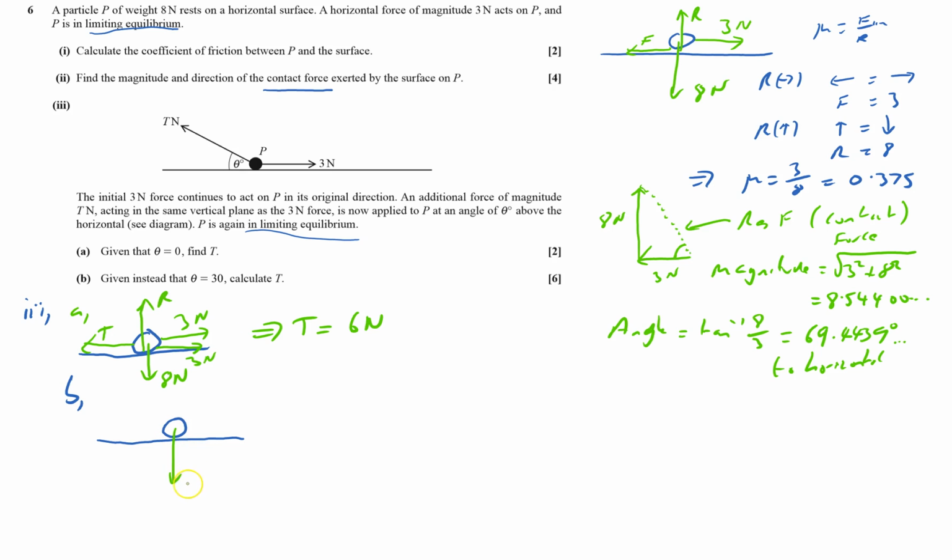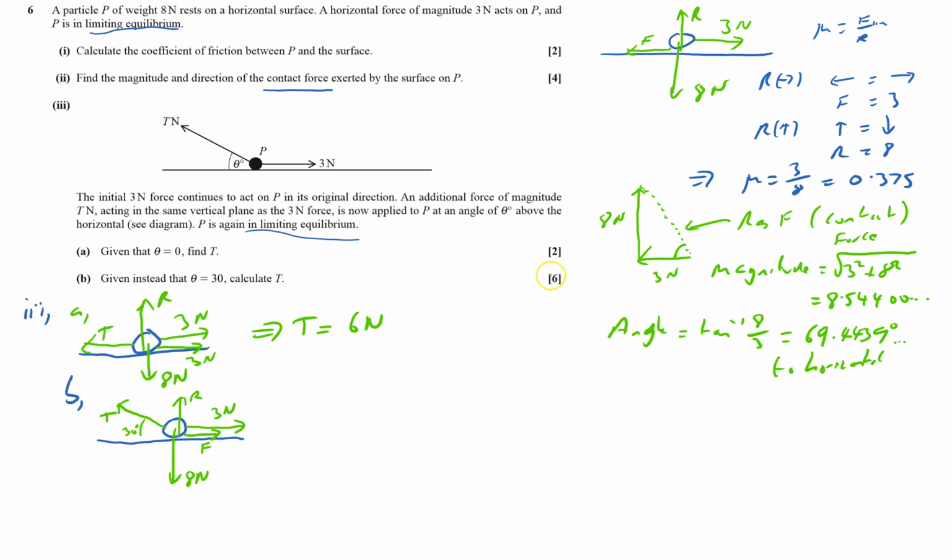Always do the weight first, that's 8 newtons, then I always do the normal contact force, that's R. I've still got the 3 newtons to the right, I've got my T, which is coming up here at 30 degrees, and I've got friction, which is going to oppose motion because it's in limiting equilibrium, so the friction is going to have to go here.